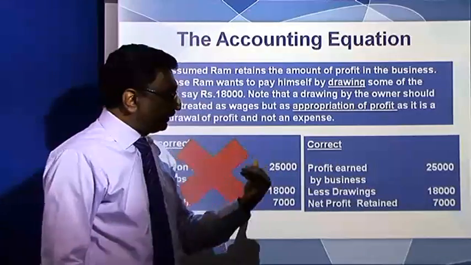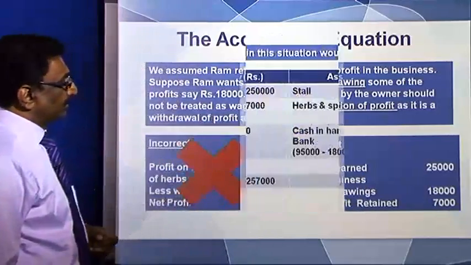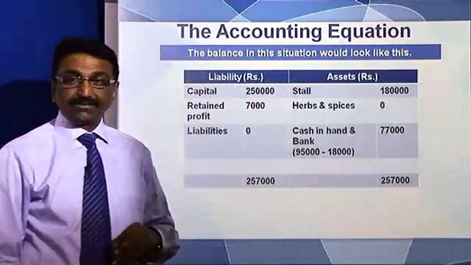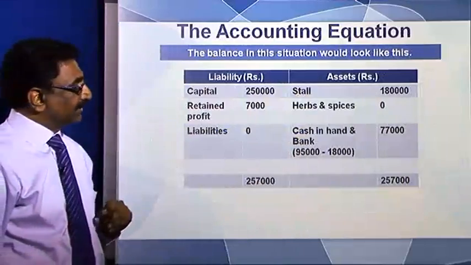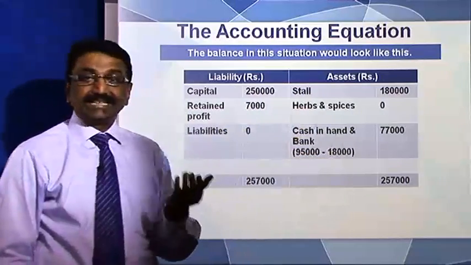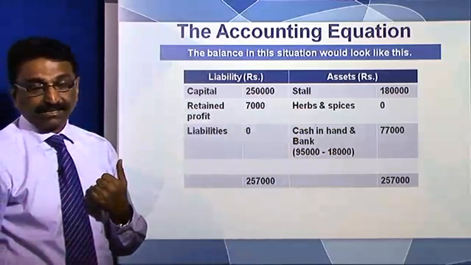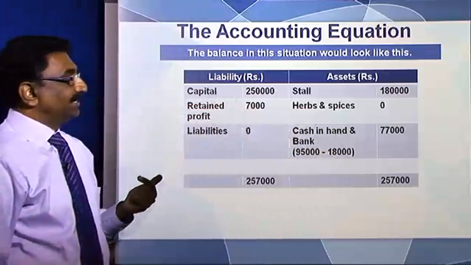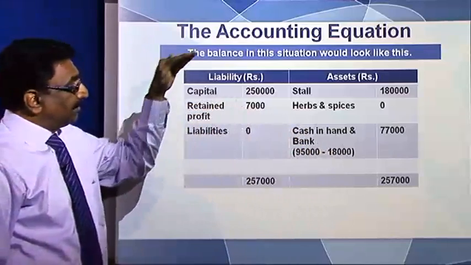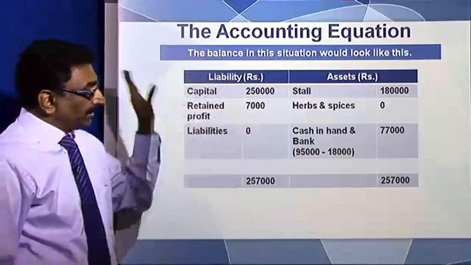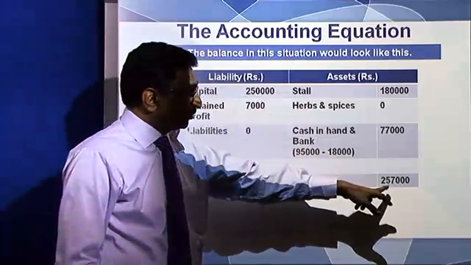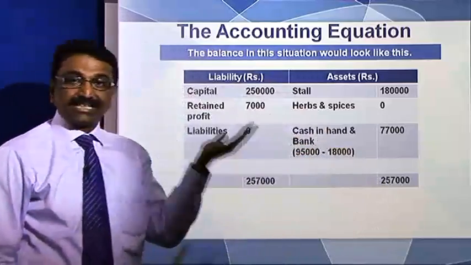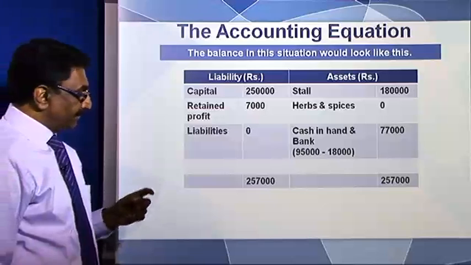Once this happens, how does the accounting equation now look? We have seen that out of the 95,000 bank balance and cash balance that was there, 18,000 has been taken away by Ram, and therefore what remains as retained profit is only 7,000. So, the asset and liability total, which was 2,75,000 at that time, now stands reduced because 18,000 has been taken away from the business.